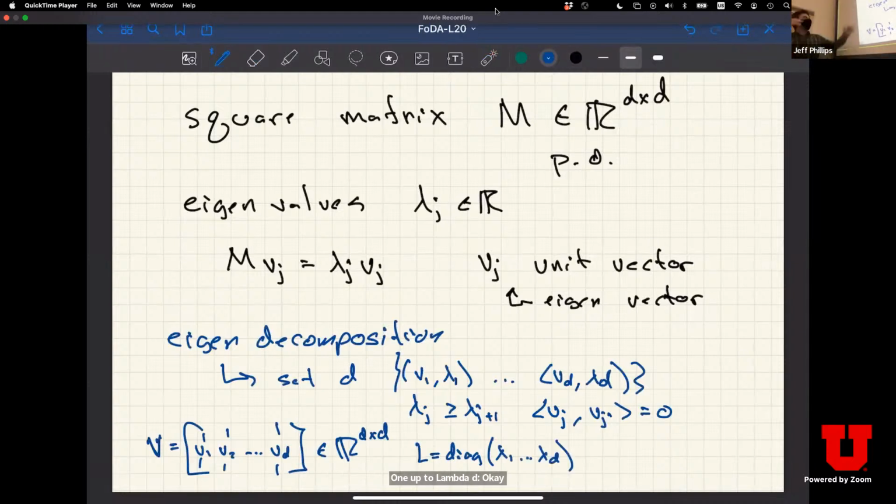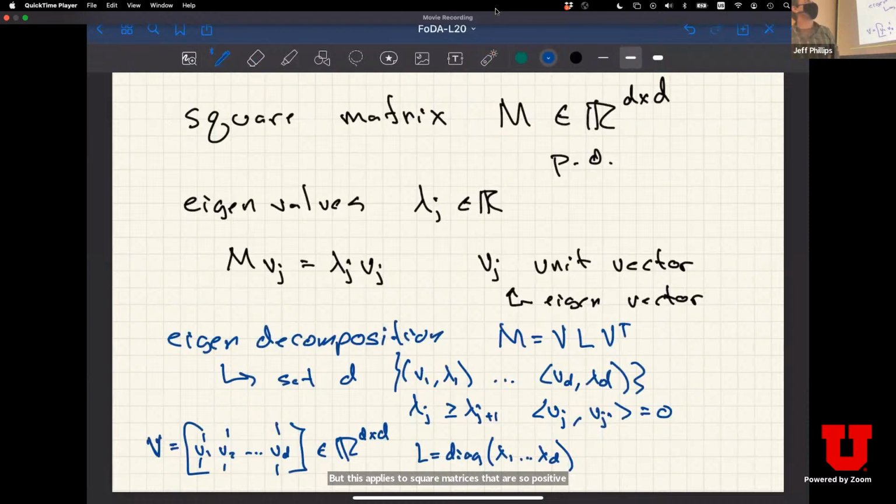Okay, and then the eigen-decomposition, if you remember, a decomposition is you take a matrix and you write it as a product of other matrices. Well, then I can write M equals V times L times V transpose. That's the eigen-decomposition. It's like the singular value decomposition, but this applies to square matrices that are positive definite.